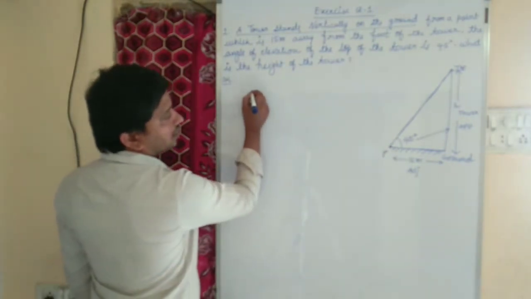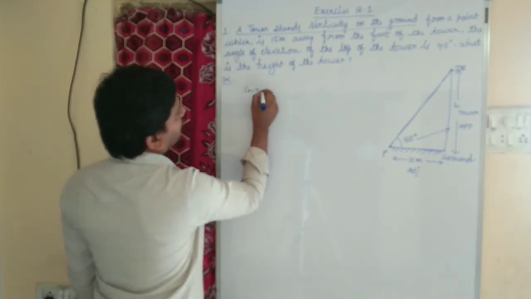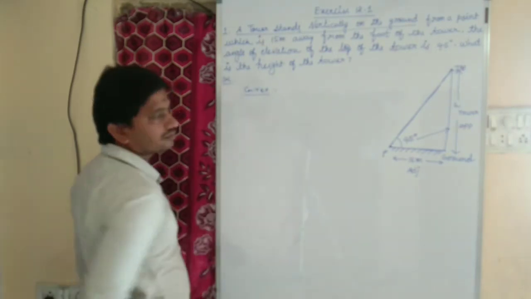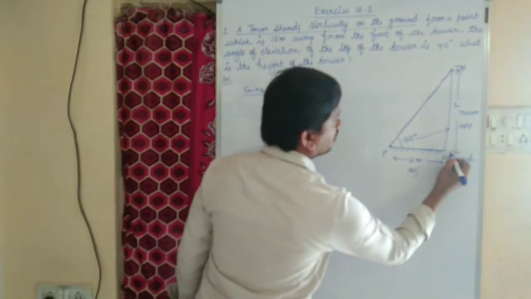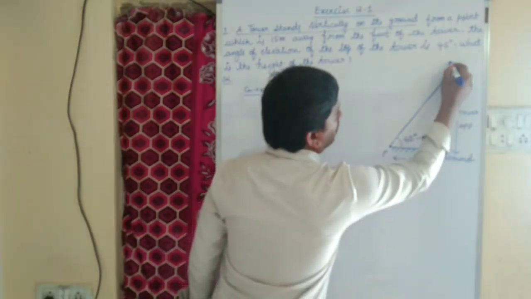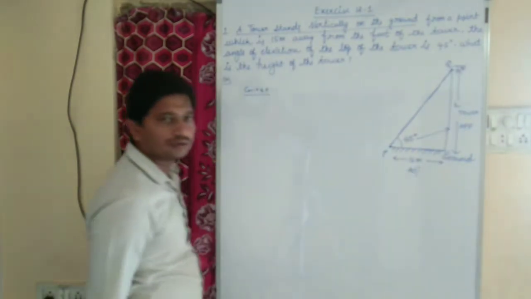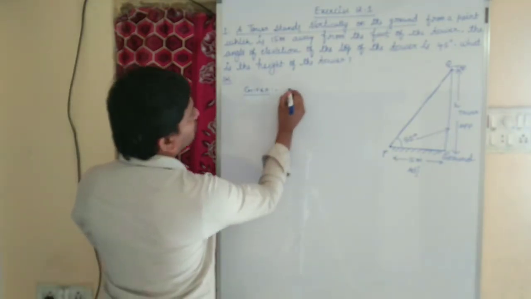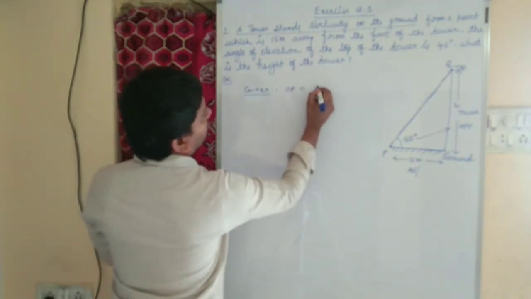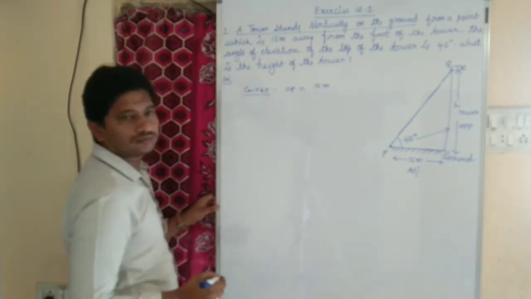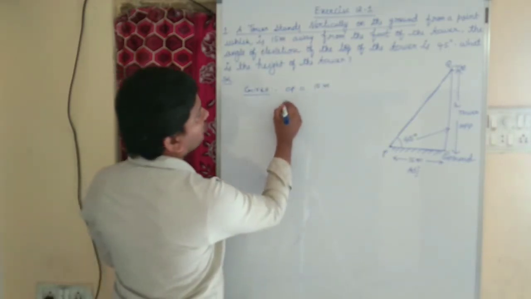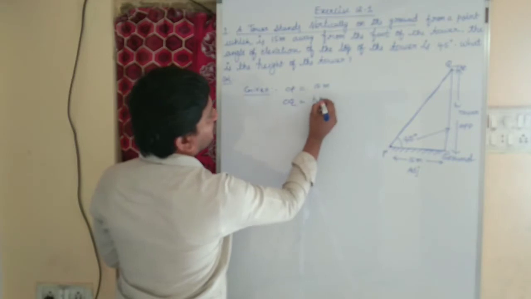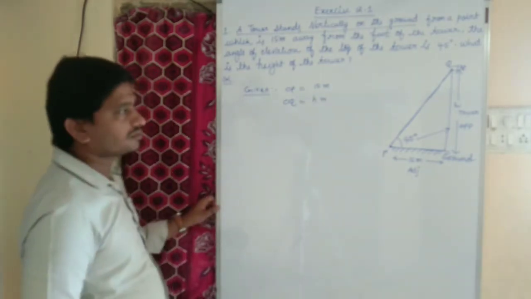So let us write what is given. This is the ground, you consider as point O, and this is Q, right? Given OP equal to 15 meters, and we need to find OQ, that is the height of the tower, h meters.